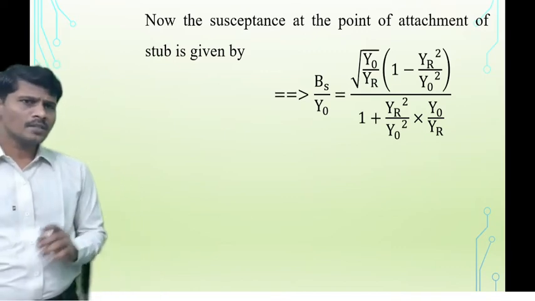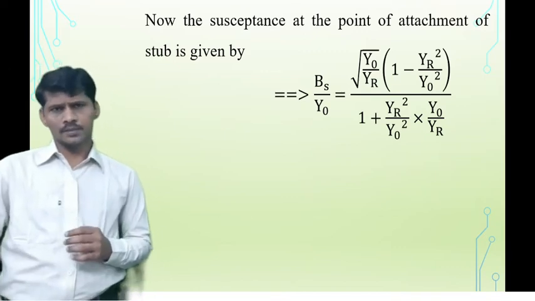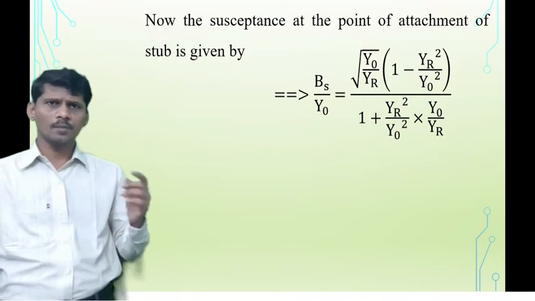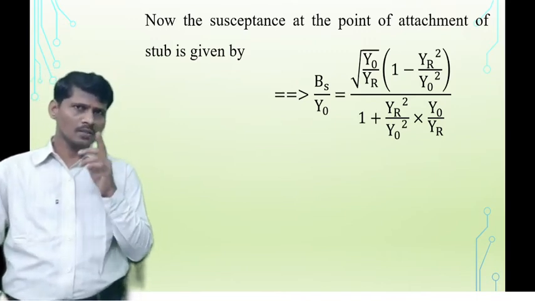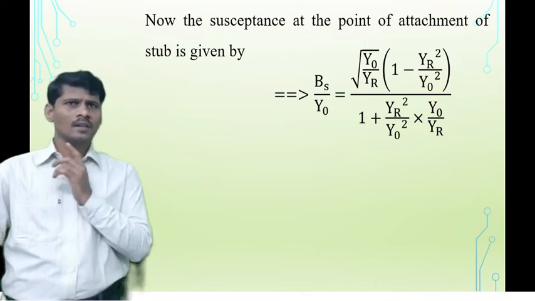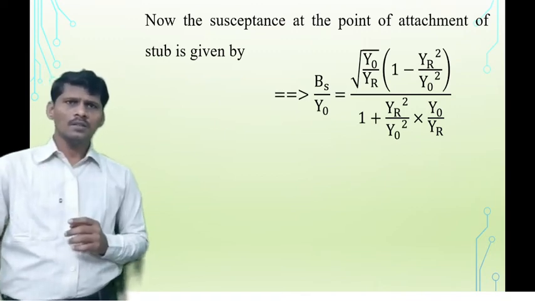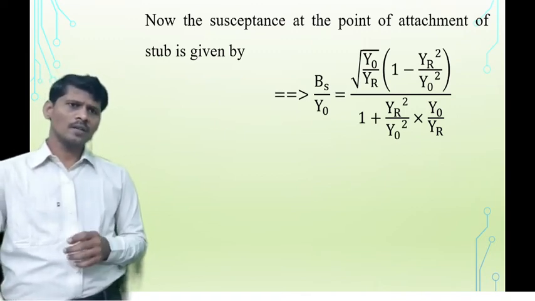Now the susceptance at the point of the attachment is given by... what is the susceptance? That is the imaginary part of the admittance. So what is that value?